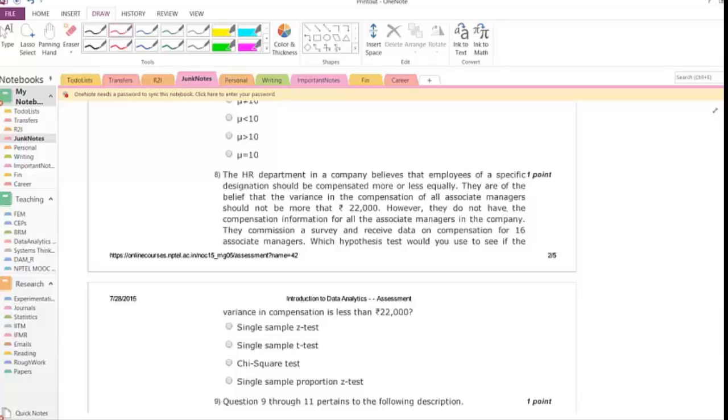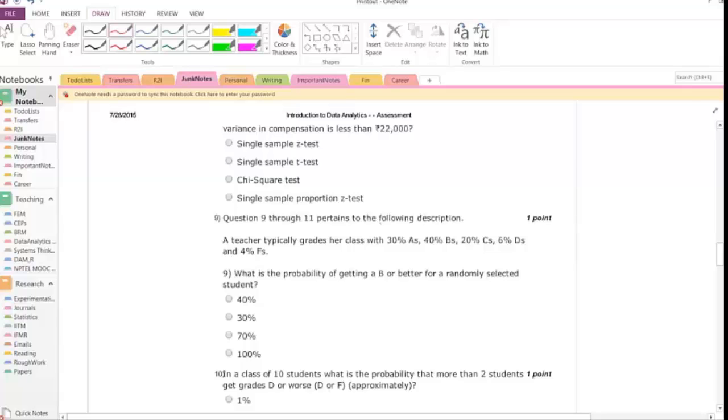So it's really important for you to see which test is a test to compare variance and standard deviation. And the other thing is that because you're comparing it against a benchmark number, it should be a single sample test. Okay? Good. We move on to the next question.